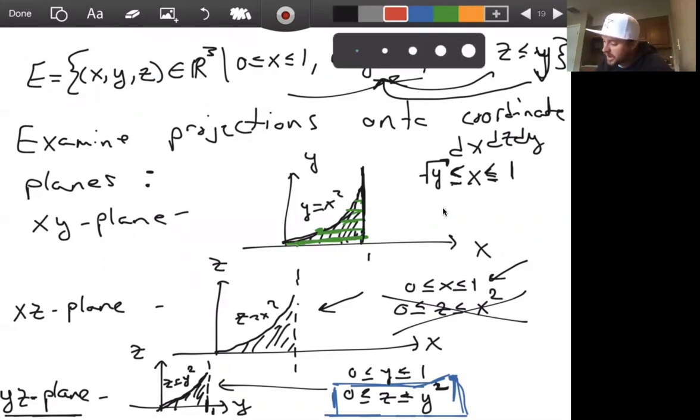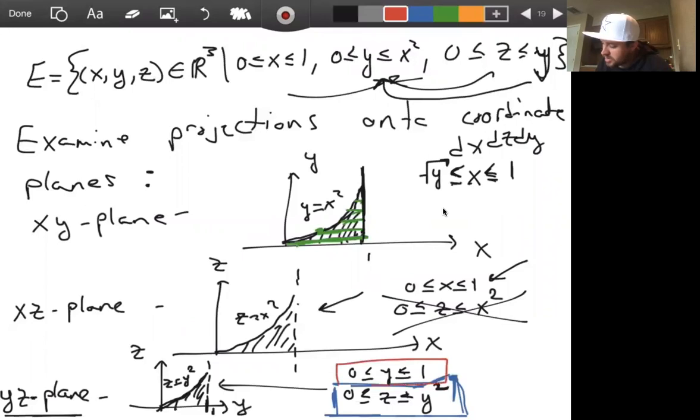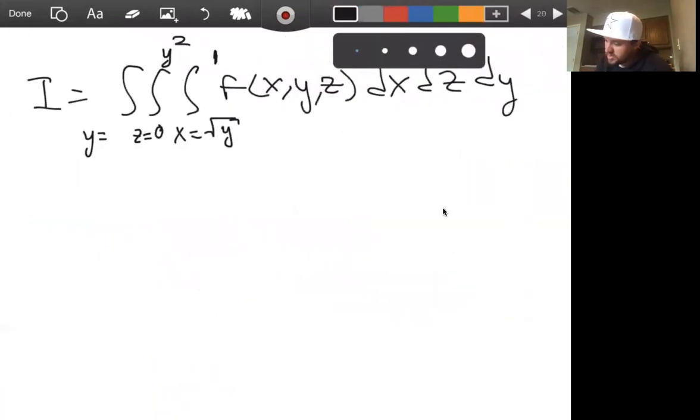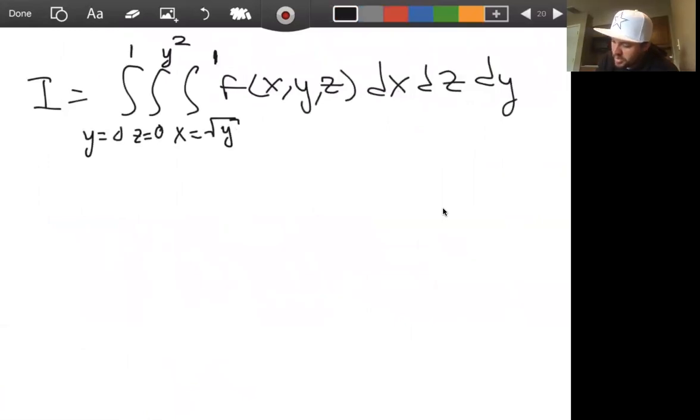And so we have to find our y bounds that are constant. And so because of this, we get y goes from 0 to 1.